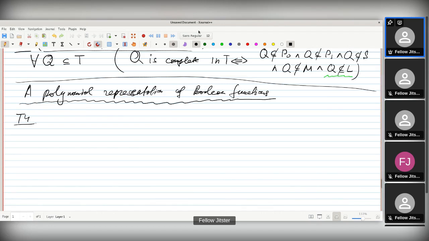Theorem 4. For every Boolean function of n arguments, there exists a unique tuple of coefficients.